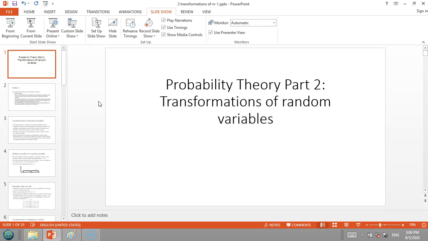Now we'll continue on with transformations of random variables. This is part 2, and this should be loosely covered in chapter 7 of the book, just loosely. So actually here it's a lot more detailed in the lecture for you to understand what is happening.